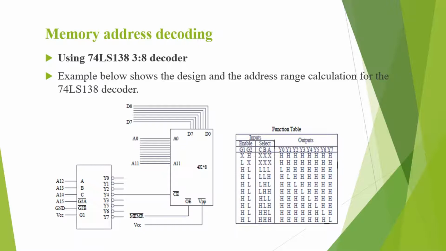The 8 output lines Y0 to Y7 will be connected to the chip select pins of the memory chips, and the other address lines A0 to A11 are connected to the address pins A0 to A11 of the memory chip. In the same way, the data pins D0 to D7 are connected to the data pins D0 to D7 of the memory chip. So in the function table, we can see the different input combinations of ABC result in one of the output lines being activated.